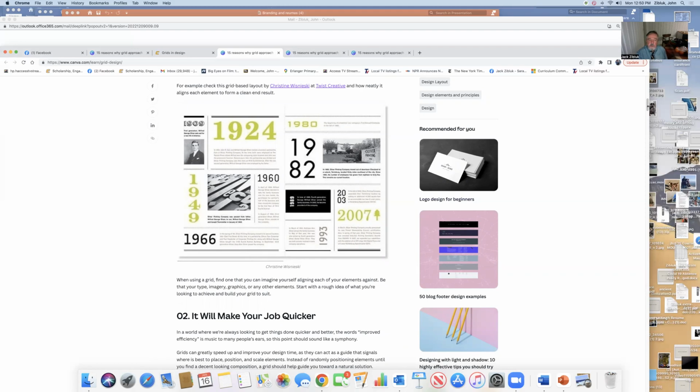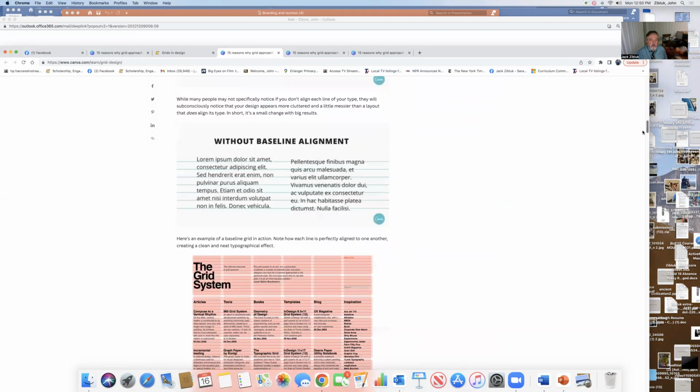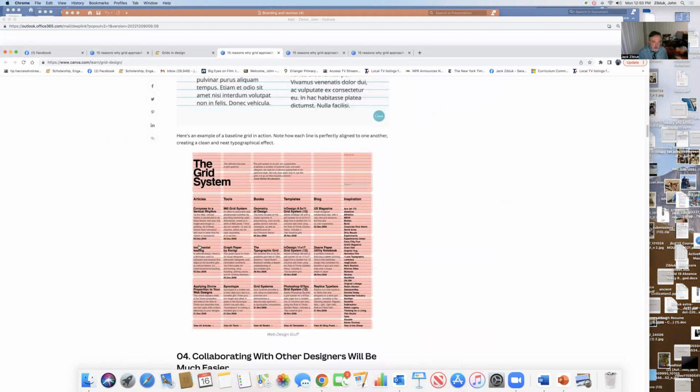So it's nicely set up throughout. Baseline alignment, again, the headline is 2 grids above the copy. And so if you had another element down below, it would also be 2 grids from the copy. Very nice.